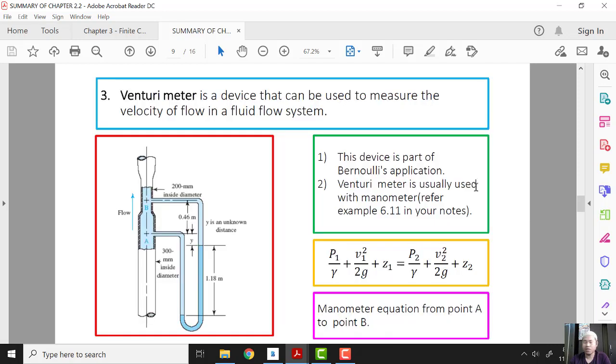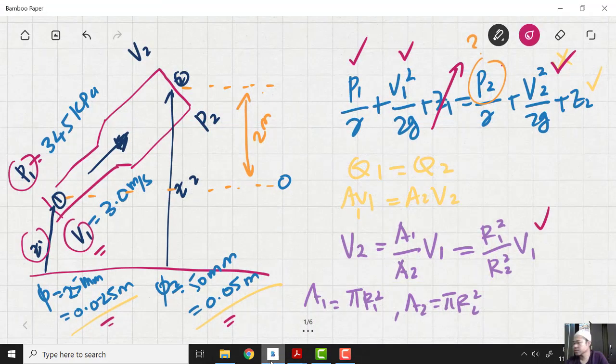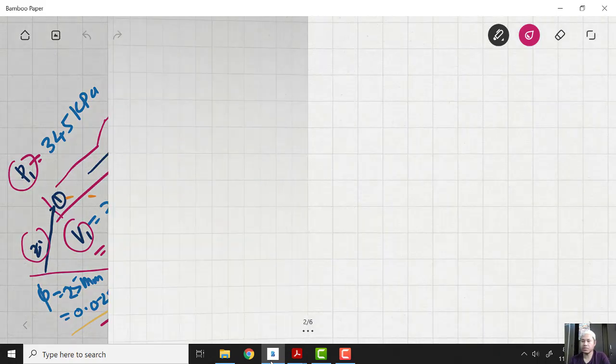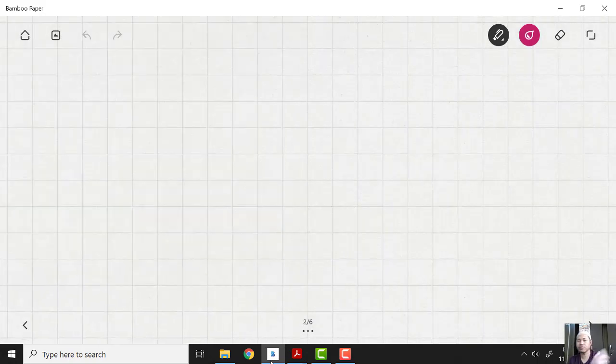Okay, alright. Now we'll be looking at the Venturi meter. You must remember that the Venturi meter is part of the Bernoulli equation application, where the Venturi is used to find the velocity of a flow. We have two kinds of instruments that we have looked at before.